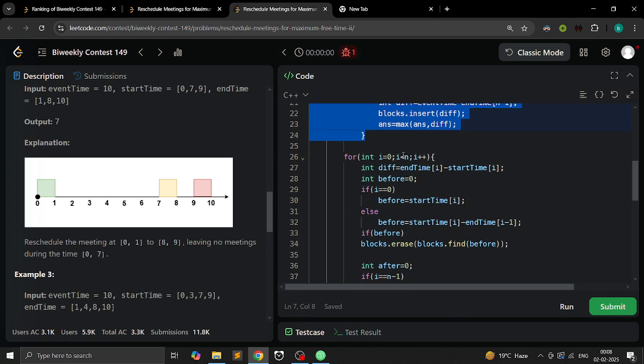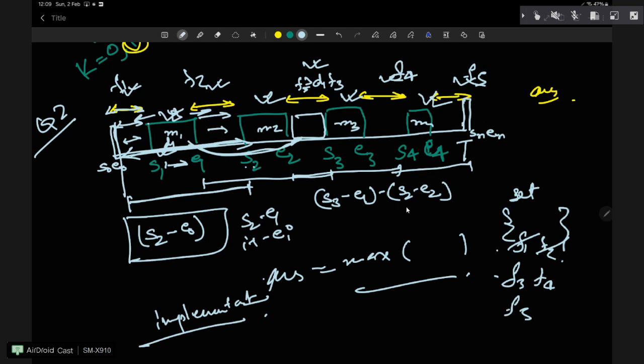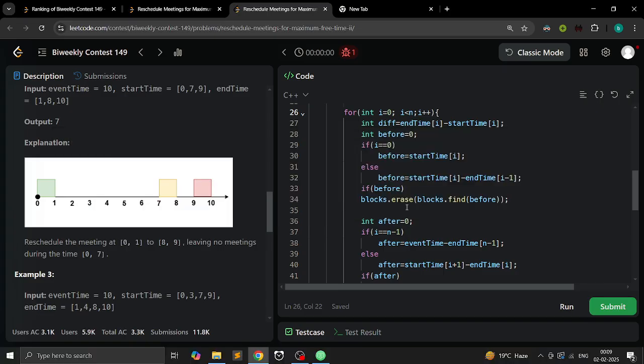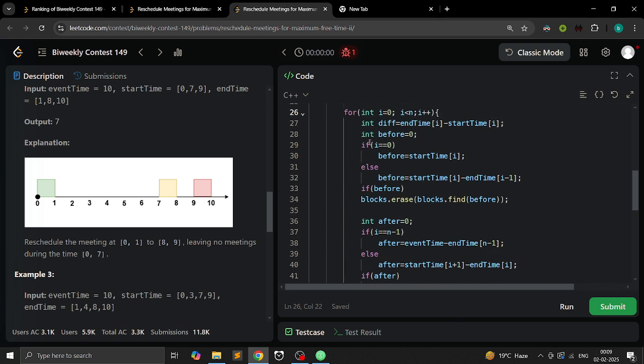Now if we want to move, I will calculate the duration of the meetings, end time minus start time, and I will remove the before and after blocks as I explained here. If I want to calculate for M1, I want to remove the block present here and present here. So before would be the start time of i.